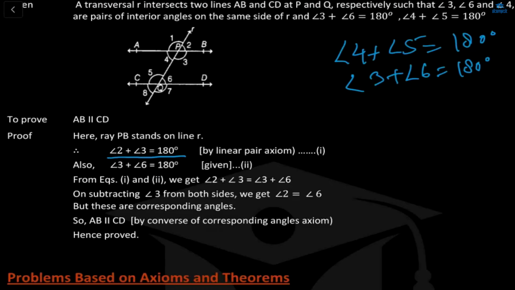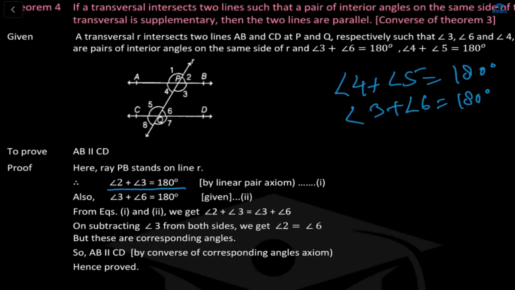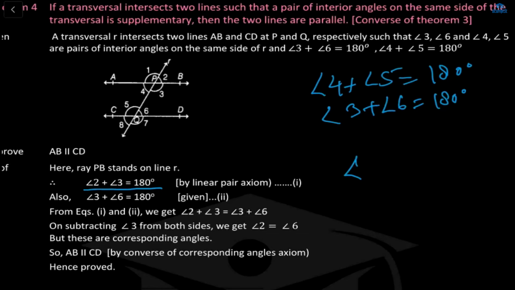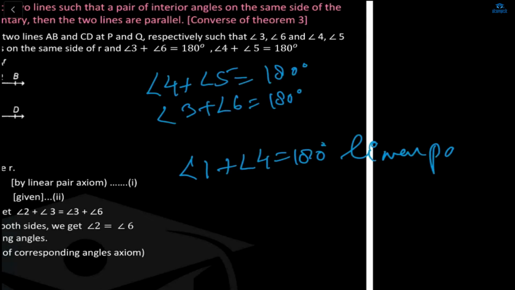Okay, and in the same way you can choose any of the pairs. It is not necessary that you choose only 2 and 6. You can choose 1 and 5 to prove angle 1 is equal to angle 5. In the same way, angle 1 plus angle 4 will be equal to 180 degrees by the linear pair axiom. Okay, and we have also been given that angle 4 plus angle 5 is equal to 180 degrees.